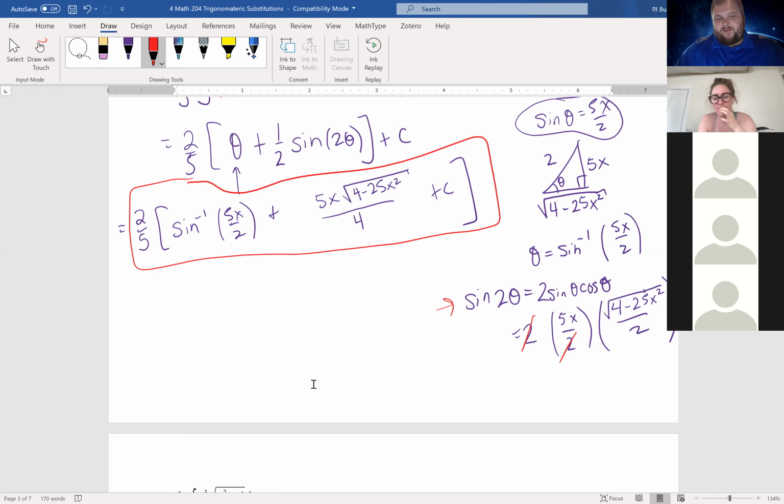So if you're trying to find the hypotenuse, you would square the 2 sides and add them together under the radical. If you're trying to find one of the sides, you would do the hypotenuse squared minus the other side squared under the radical. Okay, but when you're checking it, if it matches, that's how you know you did it the right way. That means that you've made the correct substitution. Okay.